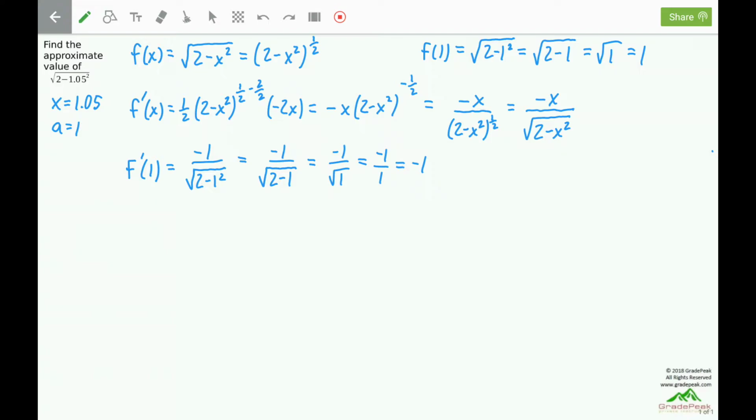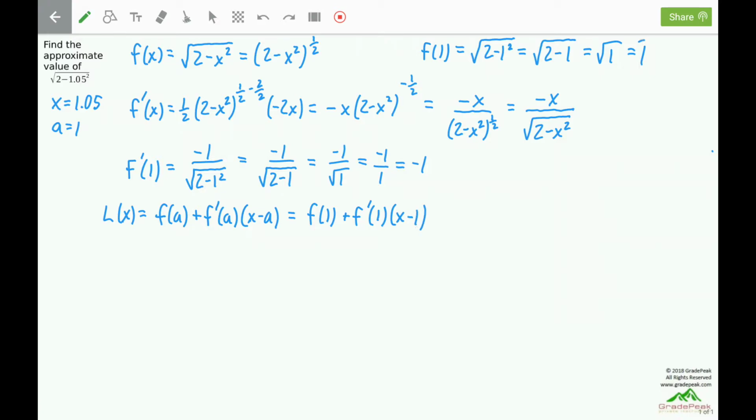The formula for the linear approximation is L of x equals f of a plus f prime of a times x minus a. In this problem, a is a 1, so this will be f of 1 plus f prime of 1 times x minus 1.